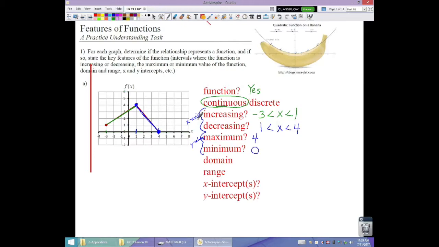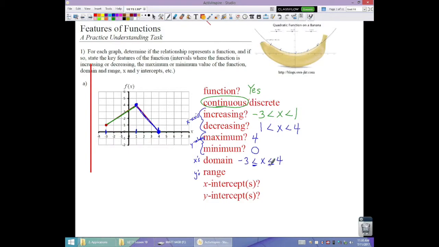All right, domain is the x's and range is the y's. So our domain from left to right starts at -3 and goes to 4. We do have a point on -3. We do have a point on 4, so we need to include those.